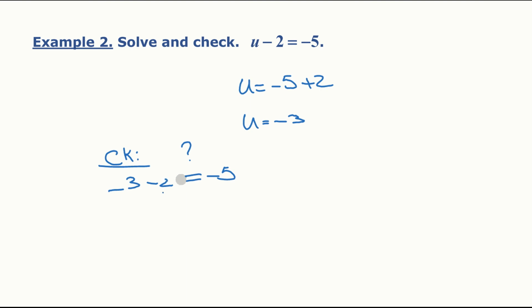I notice that the left side is -5, and of course the right side is -5. I can drop the question mark now because I've verified it, and now I can say that the solution set here contains only one element, and that's -3. All right, simple, right?